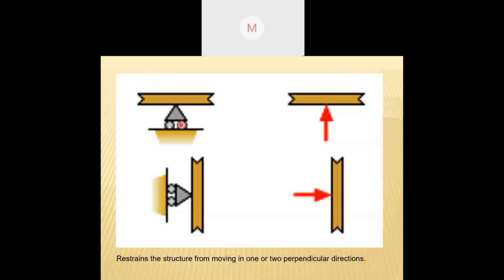These rollers are the supports of the beam. Suppose you assume this to be a beam, then these are the two roller supports.